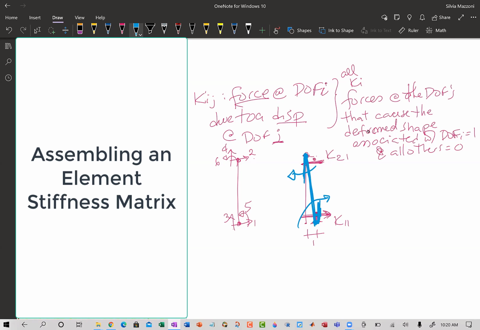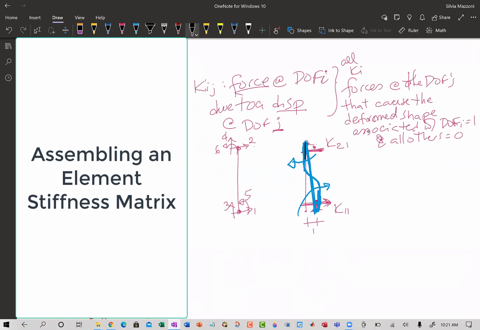And so that is how I know that the moments go in this direction to keep this deformed shape, which is my final actual deformed shape as I want it, right? Because it's zero displacement here, zero displacement here, and therefore I have a point of inflection there.